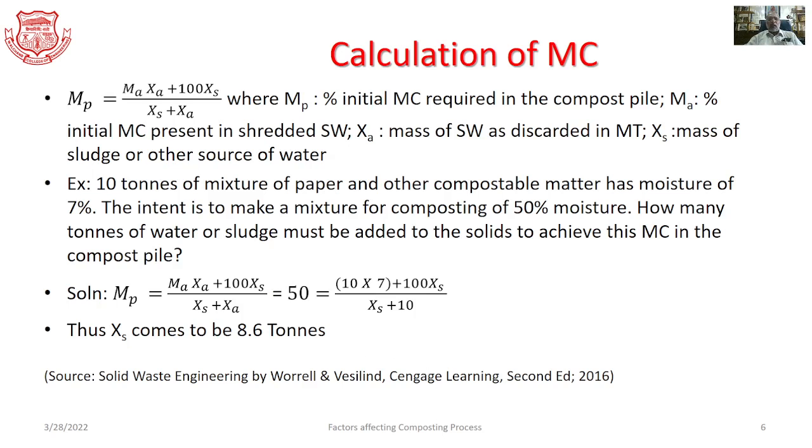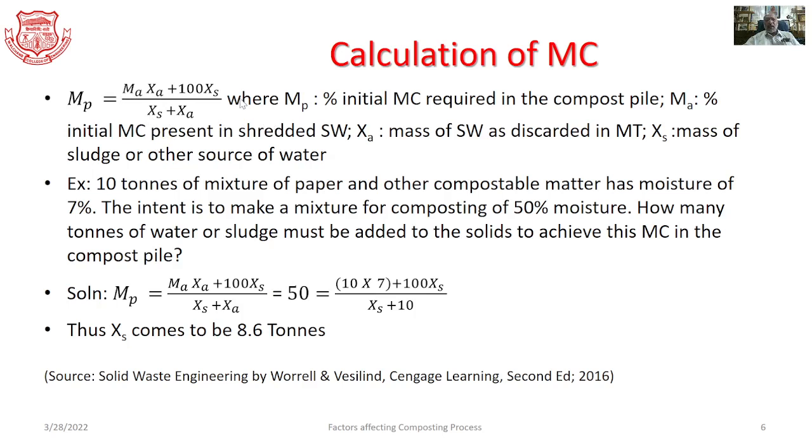We can calculate this moisture content by using the simple mass balance as discussed by Worrell and Vesely in their book. So here this MP is the initial moisture content in percentage required in the compost pile. This MA is the percentage initial moisture content that is present in the shredded solid waste.